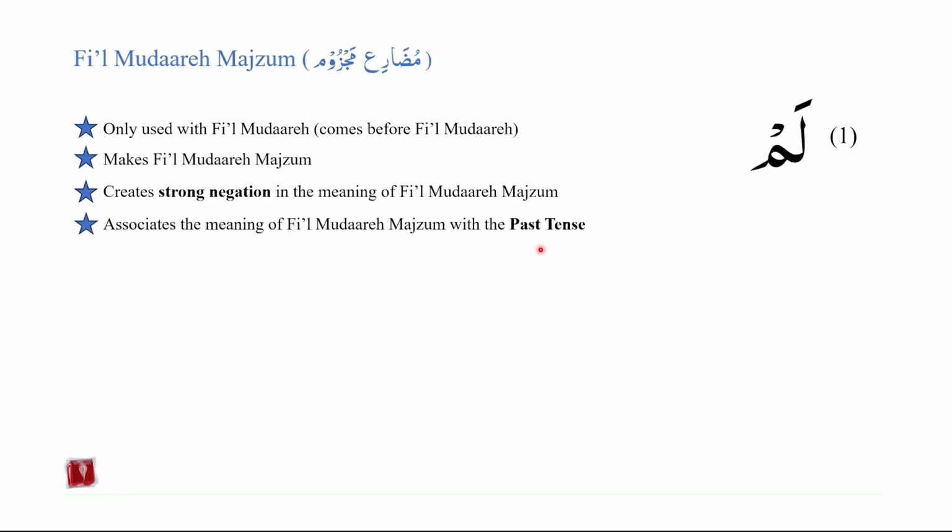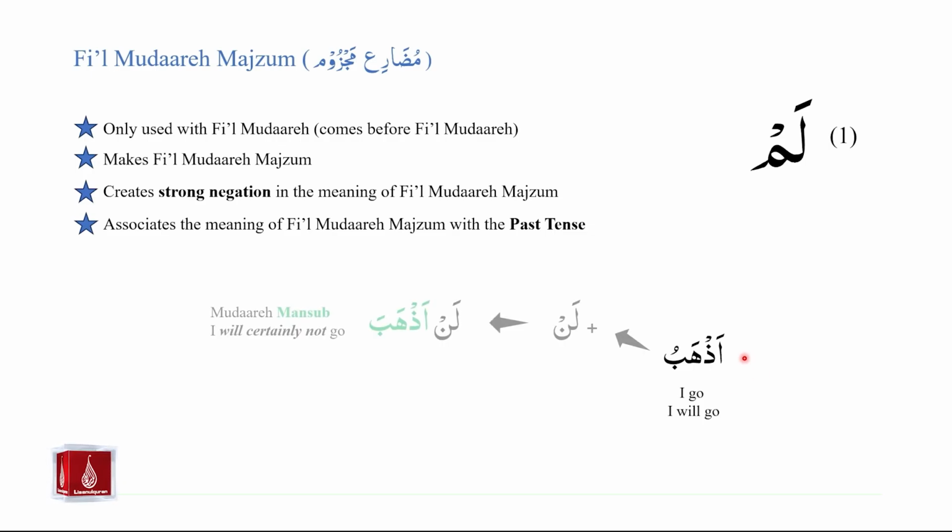Let us use the example of azhabu. Azhabu is fi'il mudare marfu. Azhabu can be translated as I go or I will go. If we add lan to azhabu, please recall that lan was one of the huruf that made fi'il mudare mansoob.